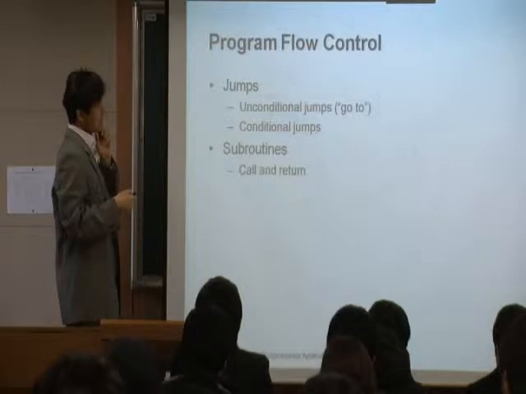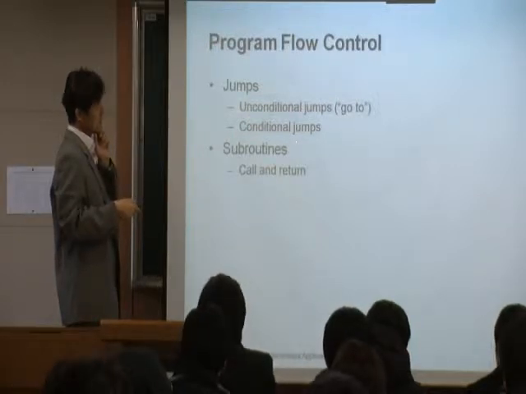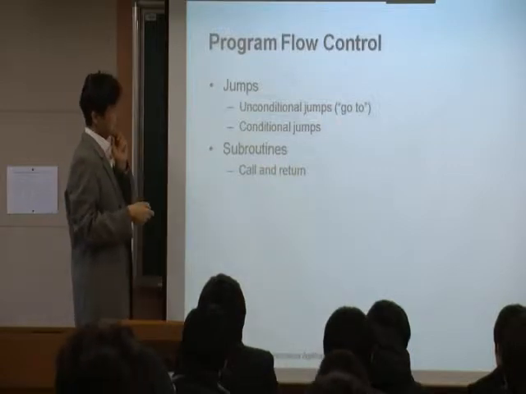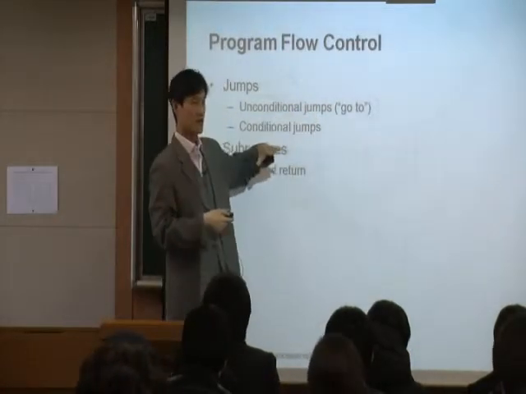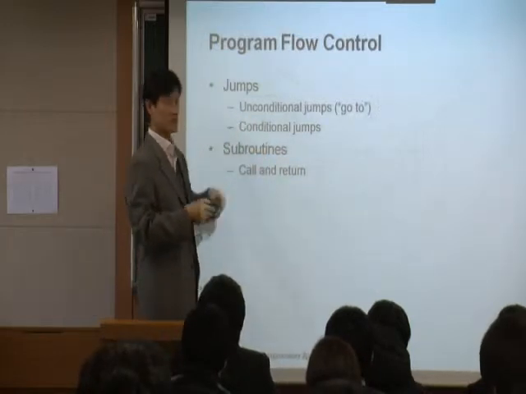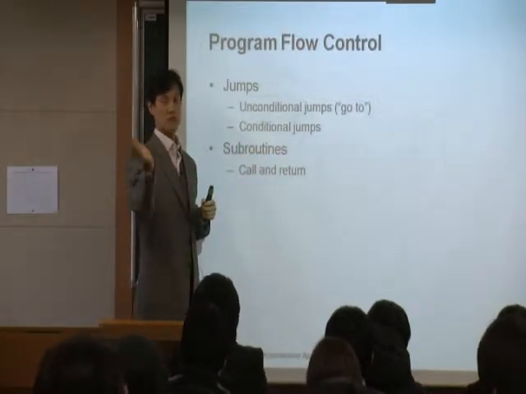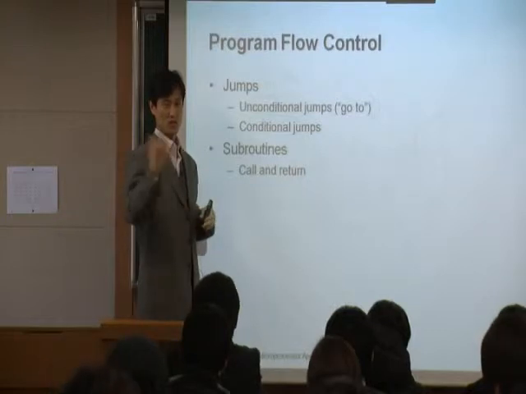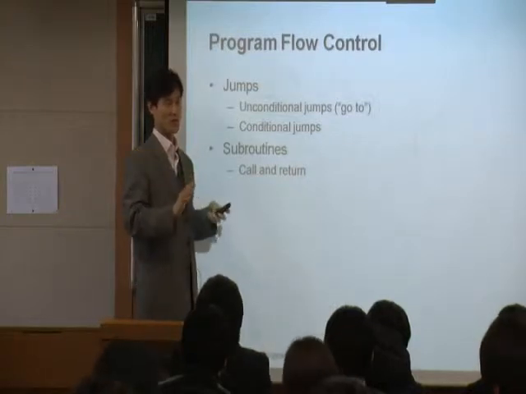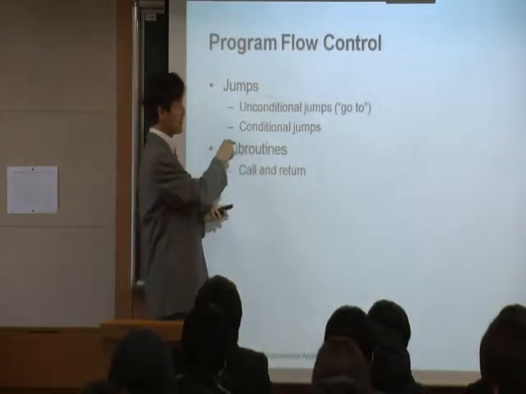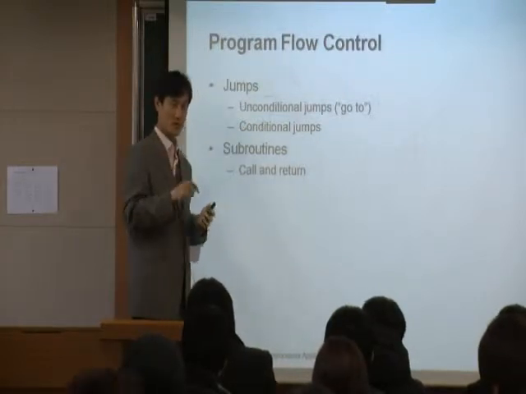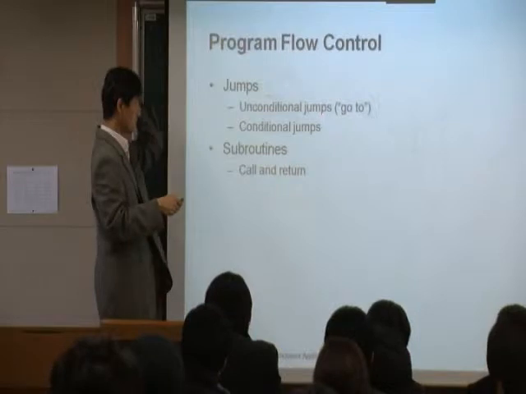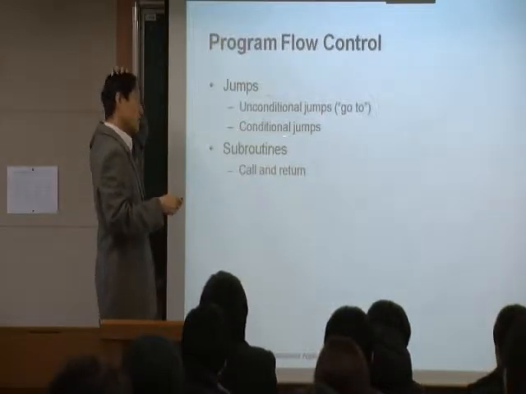For example, jumps. There are 2 different jumps, unconditional jump and conditional jump. Unconditional jump basically means it's the same as go to. Whenever you reach here and see the unconditional jump instruction, then no matter what, you're going to jump. No condition. The second case is the conditional jump.